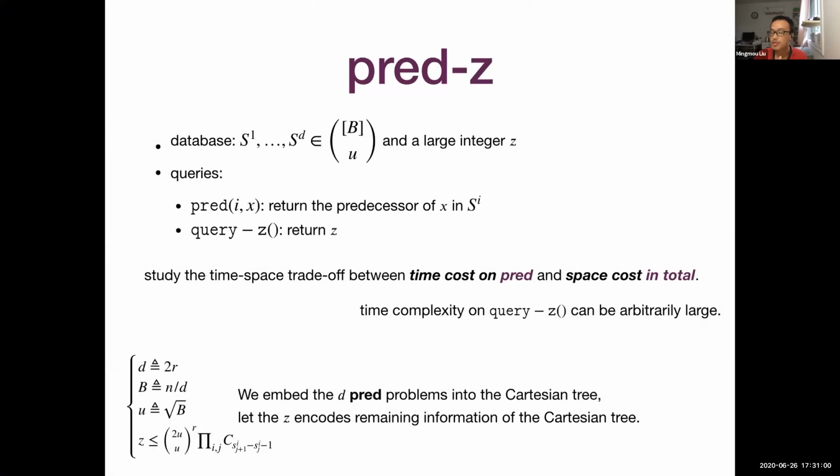Each of them is a predecessor search, and it has a large integer Z. It was required to support two kinds of queries. First is to answer predecessor search on some sub-problem or return the Z.